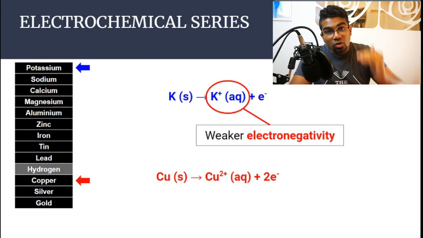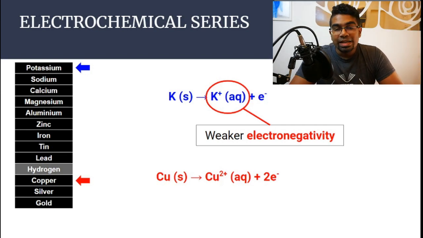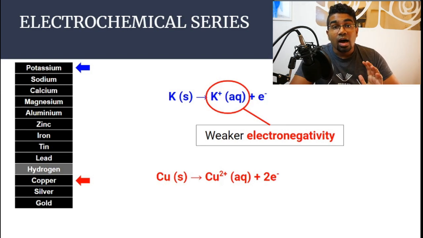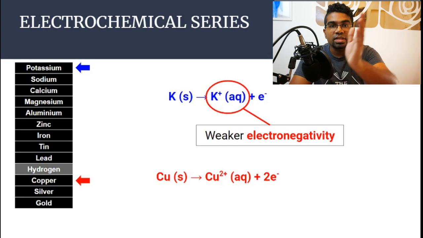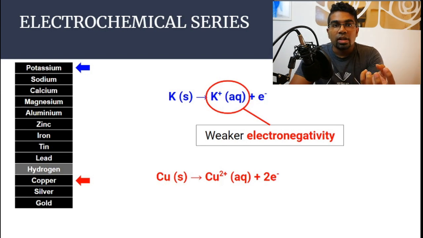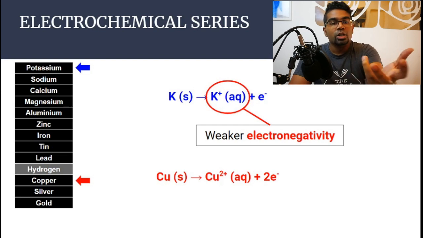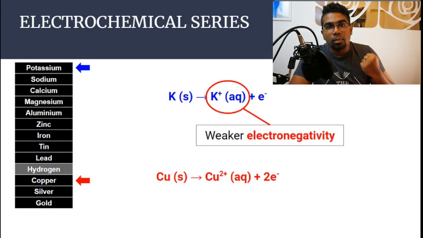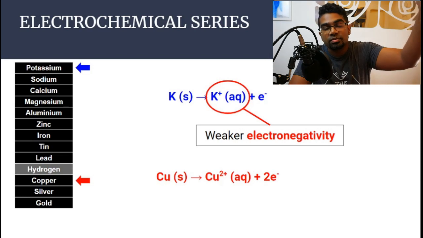So if the metal is lower down the electrochemical series, it means that it has a lower electropositivity. However, when it forms ions, they will have a higher electronegativity, meaning that the ion formed from the metal that has low electropositivity will have a higher tendency to accept electrons compared to a more electropositive metal.